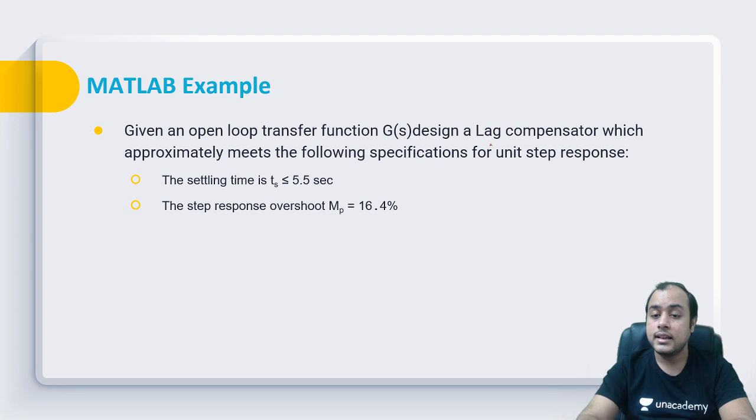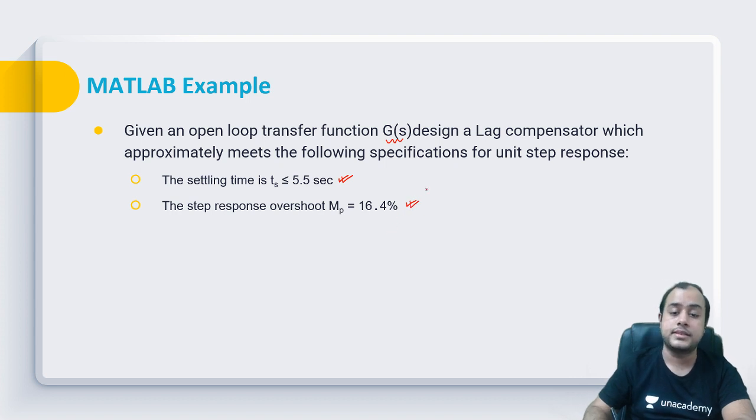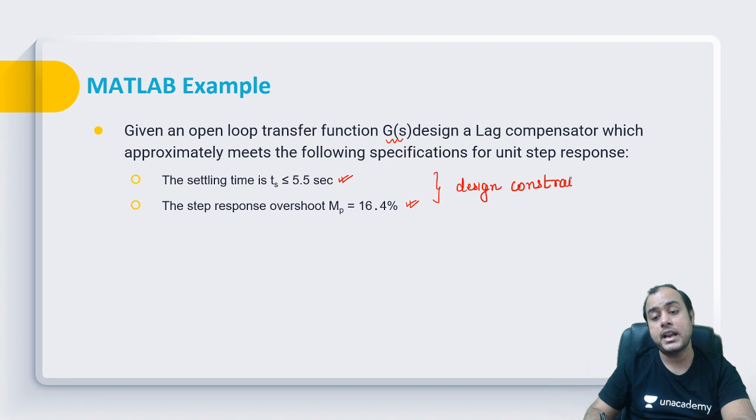So guys, let us say we want to design a transfer function G(s) having the following requirement: settling time less than 5.5 millisecond and overshoot equal to 16.4%. This is my design constraint, that is, these parameters must come into the design.